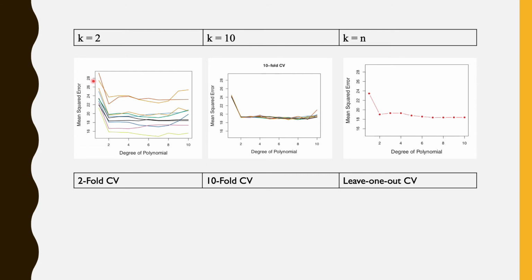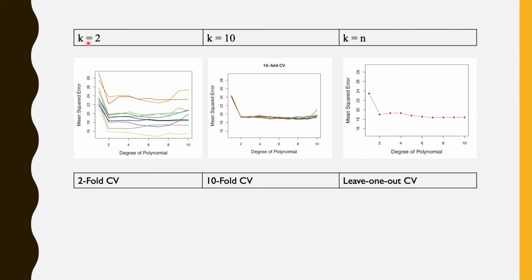For each of them, maybe you see that we have different lines. That means we have different random splits of the observations into folds, and for each of these splits we find the mean squared error.